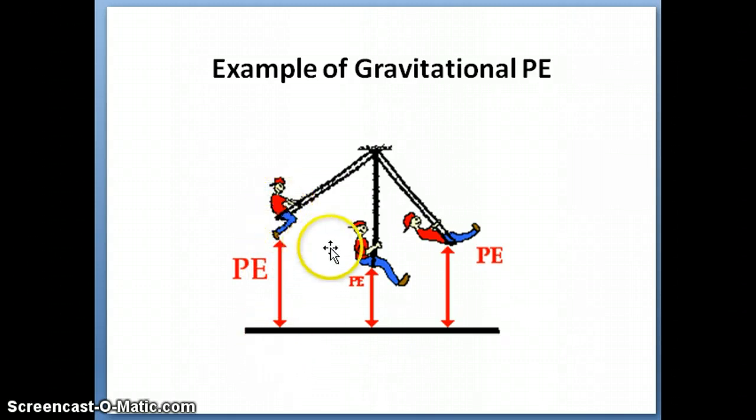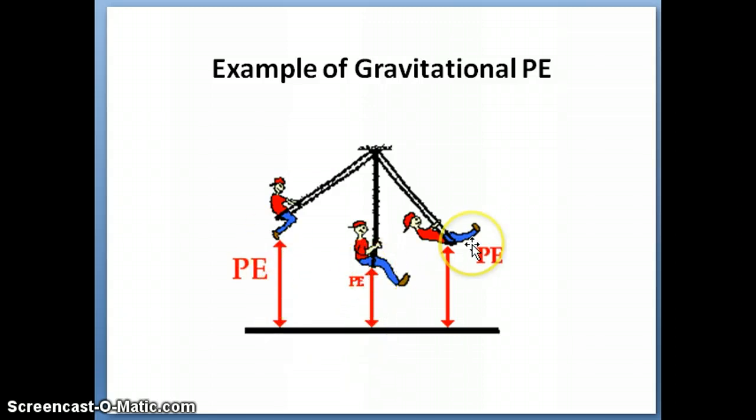When the swing is at this level, which is a lower height relative to this one, the person still has gravitational potential energy, but that value is lower. So the arrow here is a little bit shorter than the arrow here.